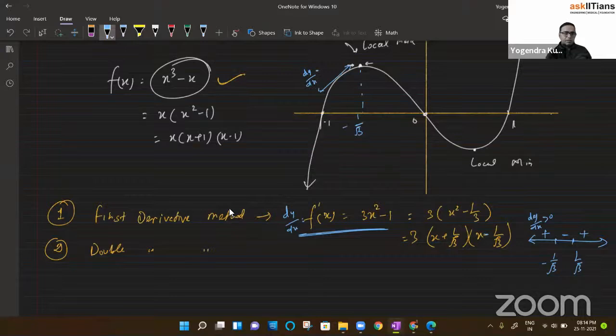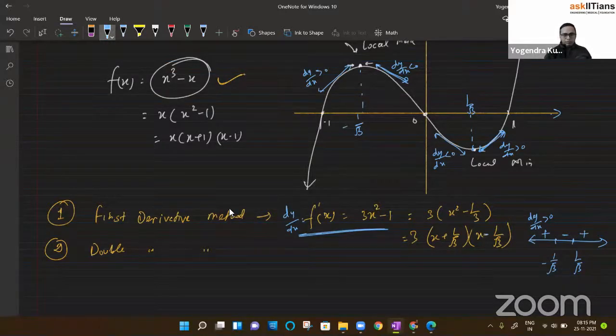Then dy by dx becomes negative, and after the point positive 1 by root 3, the slope is negative and then becomes positive. You can understand from this also that the tangent makes an acute angle with the positive direction of the x-axis, so it has a positive slope.